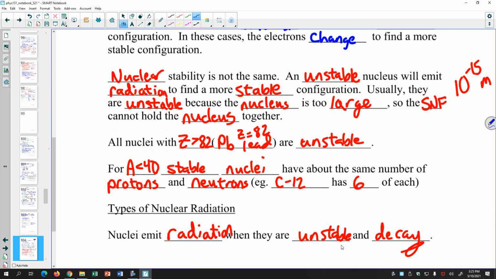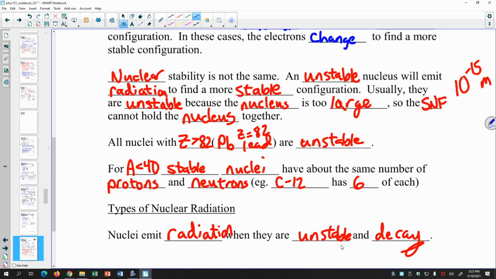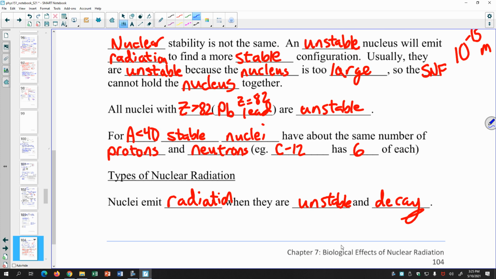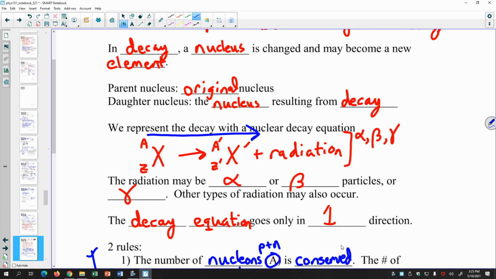Talk about stability, how when your nucleus gets too big, it becomes unstable. And then the types of nuclear radiation. So you'll have 6 or 7 decay equations where I'll either describe what is the decay that's occurring: electron capture, beta positive or minus, positron, or beta minus decay, or alpha decay.